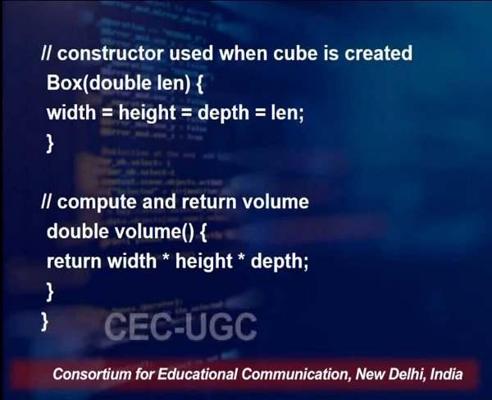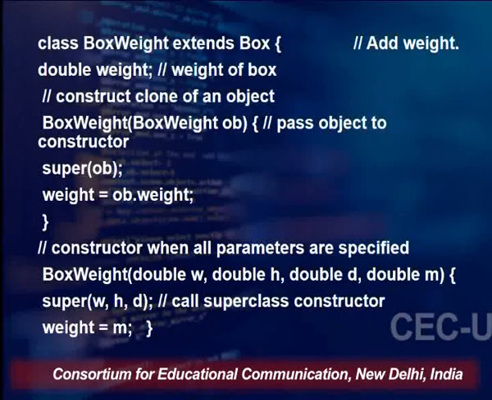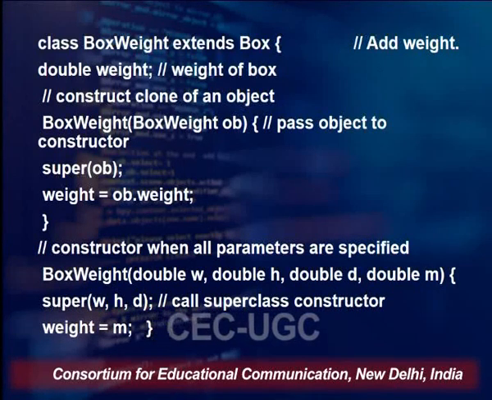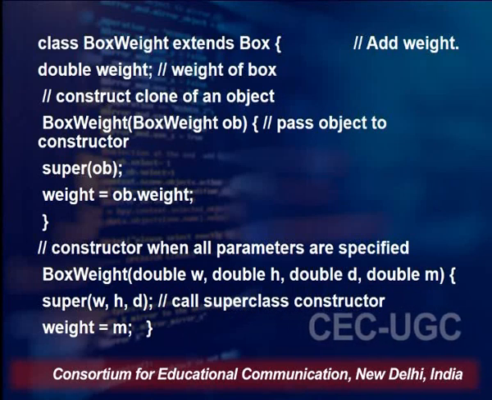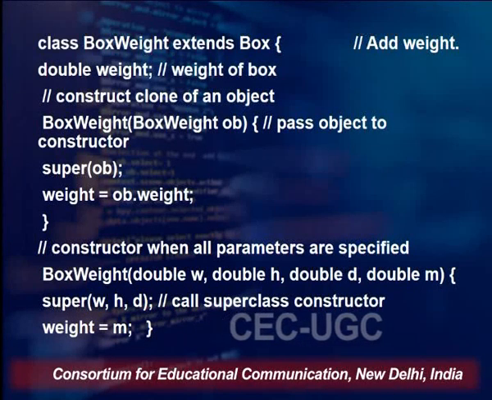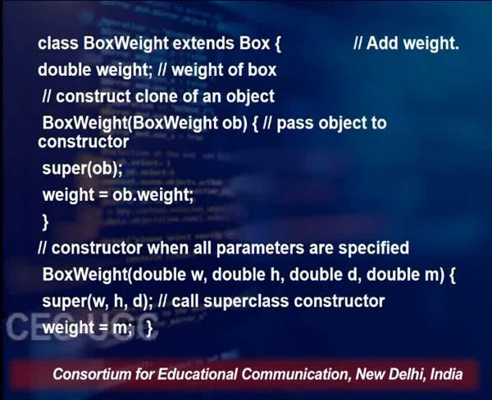So this was the structure of the class box, which we have also seen in our previous examples. I will take it very quickly, because we have seen this earlier. The class box weight, which is going to extend box, adds one variable, weight, and then box weight is going to use all the 4 constructors defined in the class box.